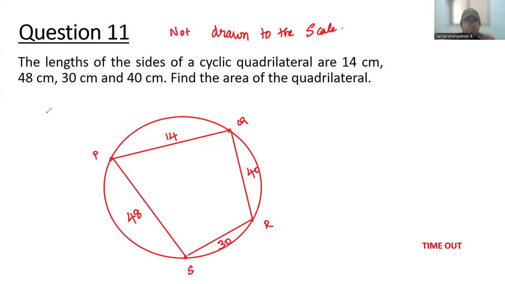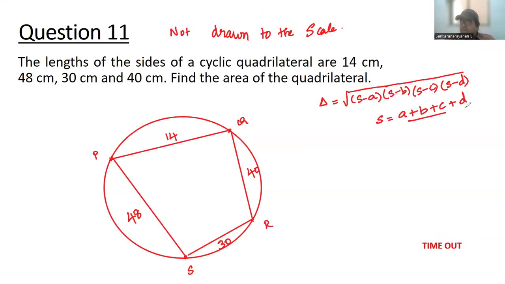Correct? Now, if you observe, it's a cyclic quadrilateral. The four sides are given. Then the area of the cyclic quadrilateral using the formula is equal to root of (S minus A) into (S minus B) into (S minus C) into (S minus D), where S is equal to (A plus B plus C plus D) whole divided by 2, the semi-perimeter.